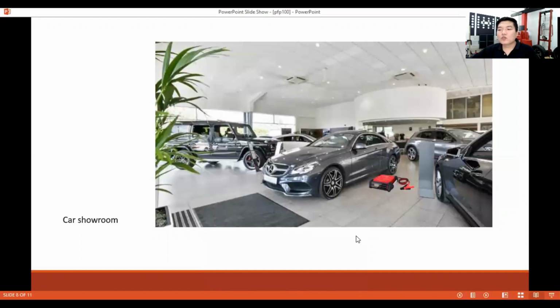Also with the car showroom. Inside the car showroom, this item, this PFP-100, is designed so thin for usage because it can be stored under the car, so they can hide this item, and the power can keep supplying as long as people come to see this car.